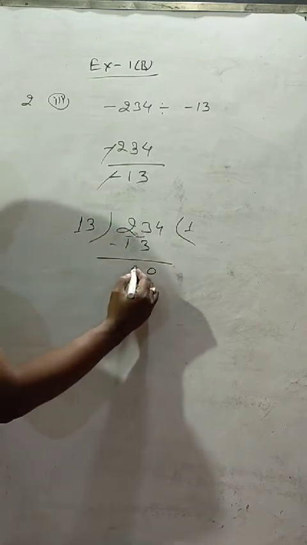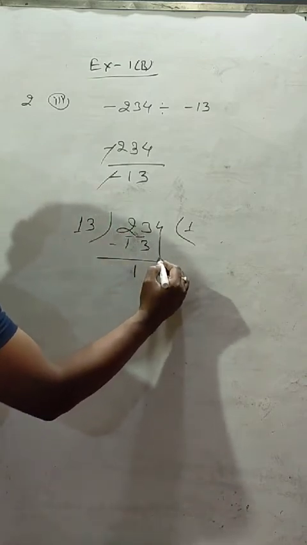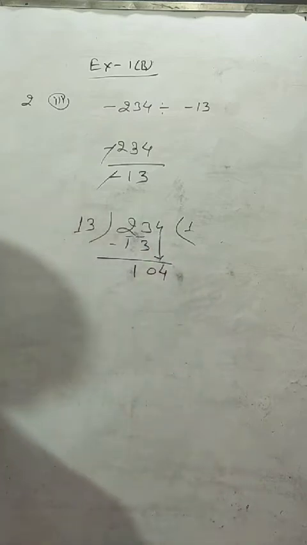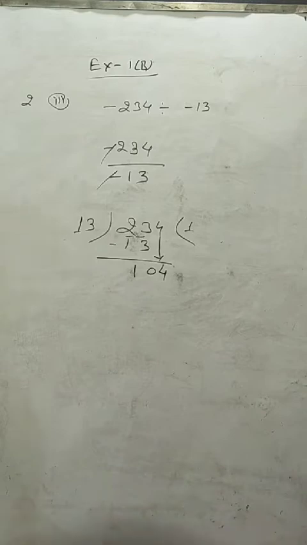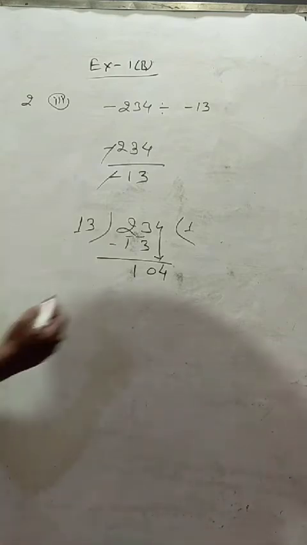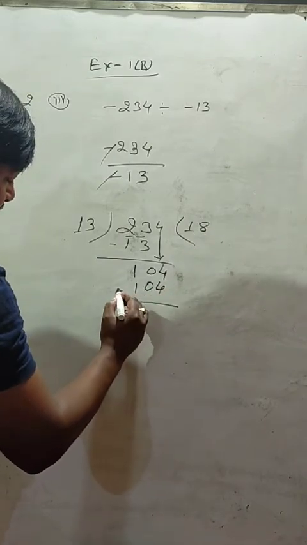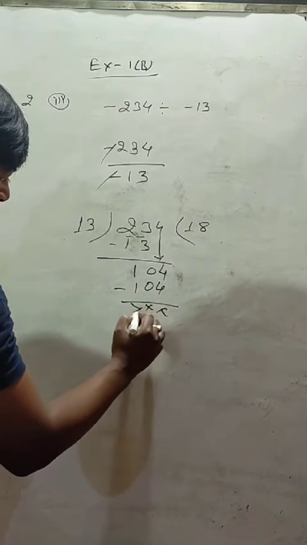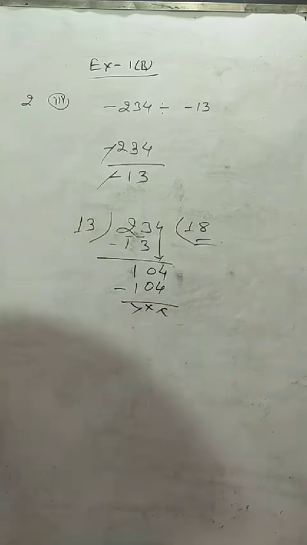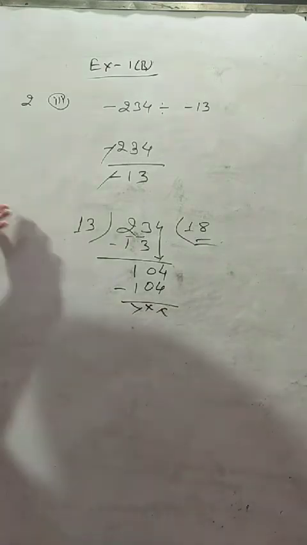Here 2 minus 1 is 1, and we keep it. 104. We know in the multiplication table of 13, 13 8s are 104, and this cancels out. The answer is 18. So students, solve in this way also.